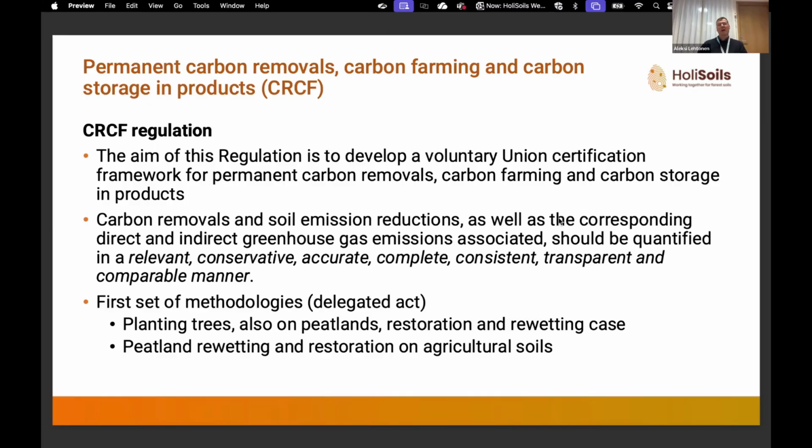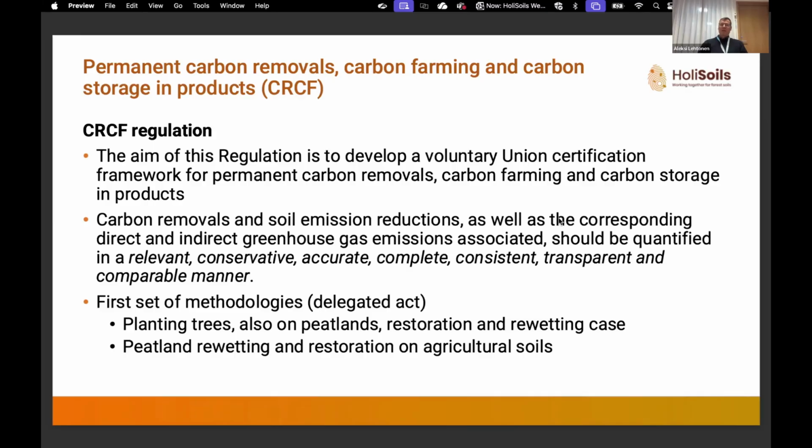Now we have the first set of methodologies under commenting. It's a delegated act. There is not much about forests there, but there is something: planting trees, and also on peatlands if that is done for restoration and rewetting.